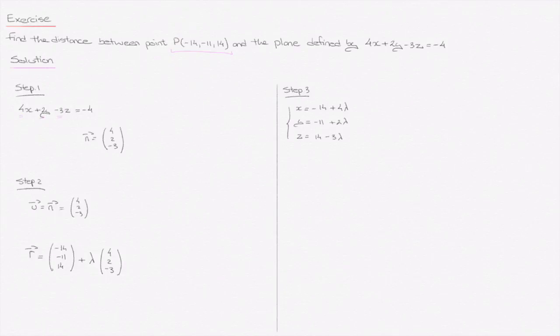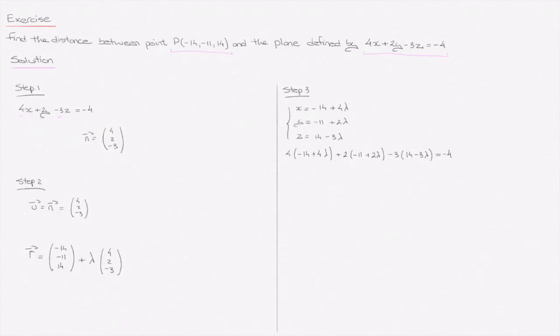We now have our parametric equations, and we need to substitute these inside the plane's equation, the one we were given in the question, which I'm underlining now. Substituting, we find 4 times (-14 plus 4 lambda) plus 2 times (-11 plus 2 lambda) minus 3 times (14 minus 3 lambda) equals -4.